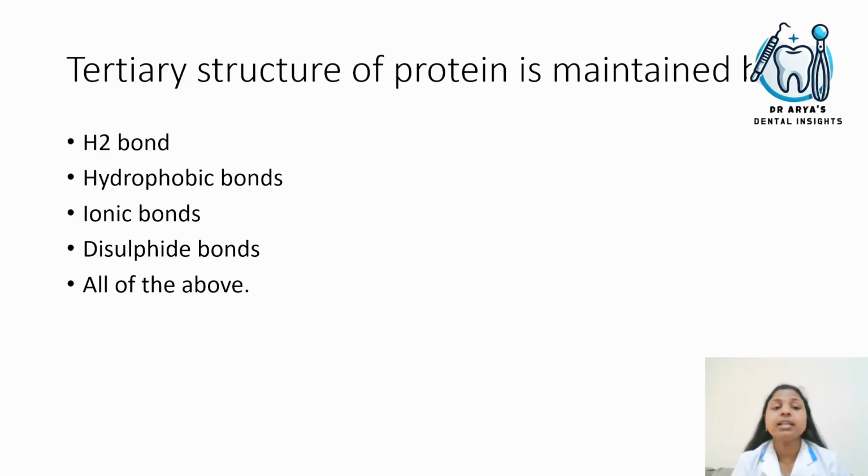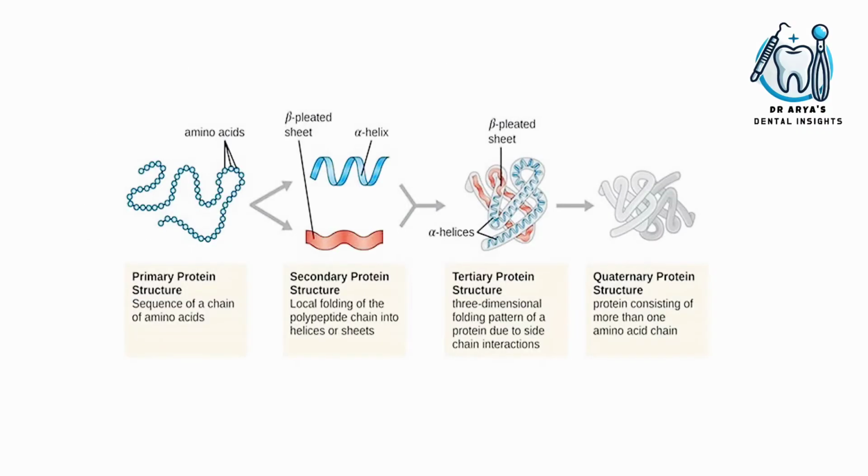Next question. Tertiary structure of proteins is maintained by: is it hydrogen bonds or hydrophobic bonds or ionic bonds or disulfide bonds or all of them? So this is the primary protein structure. Here it is the sequence of the chain of amino acids.